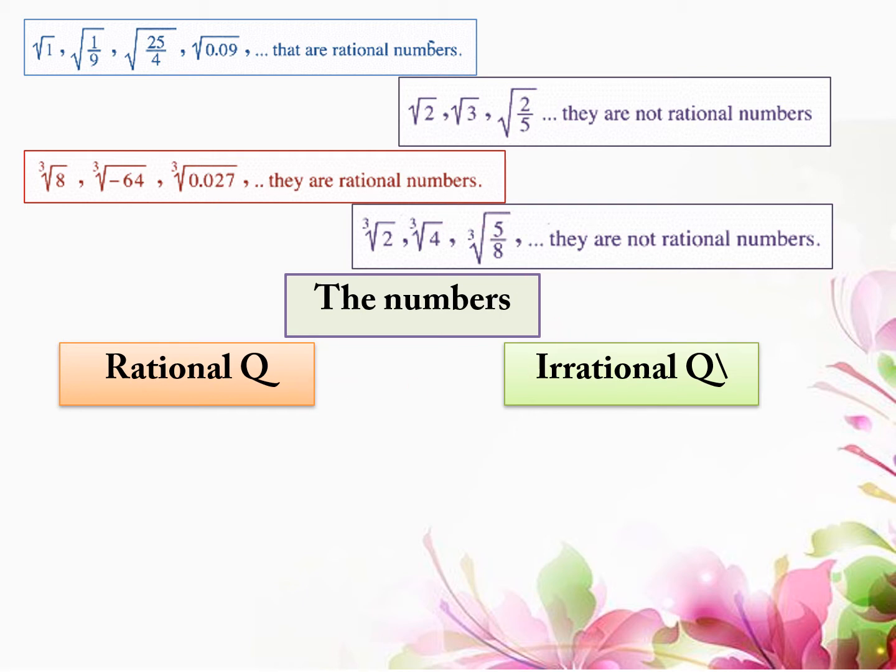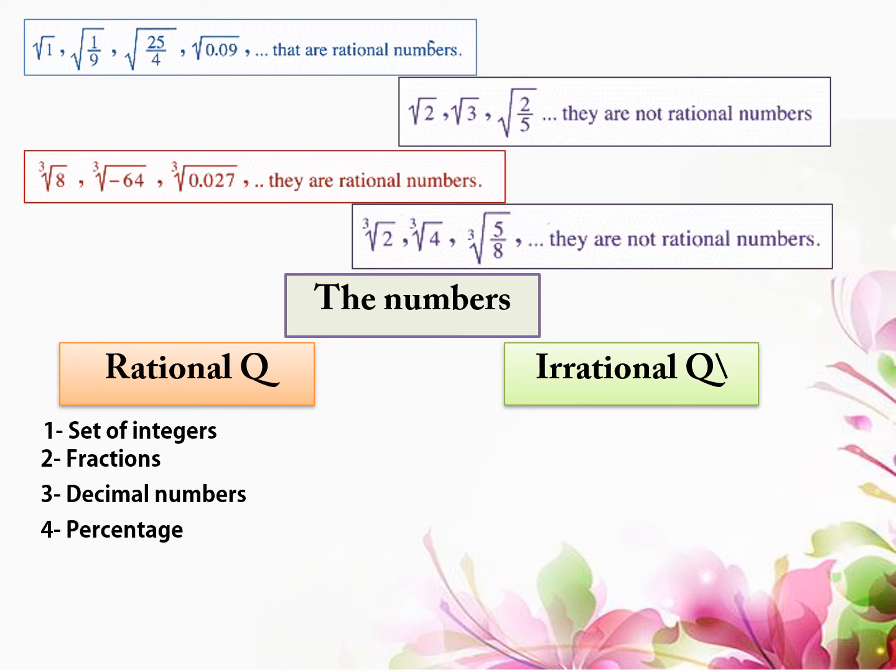Rational numbers include the set of integers: negative, 0, and positive numbers. Fractions like 3 over 4 and negative 5 over 7. Decimal numbers, any number with a decimal point like 3.4, 5.6, negative 3.8. Percentages like 3% and 25%.